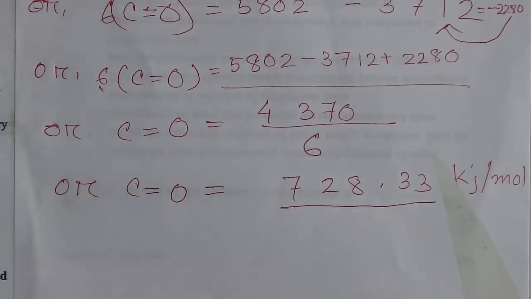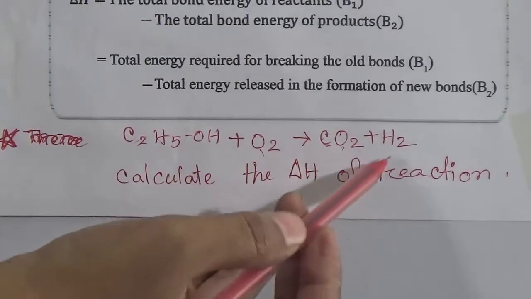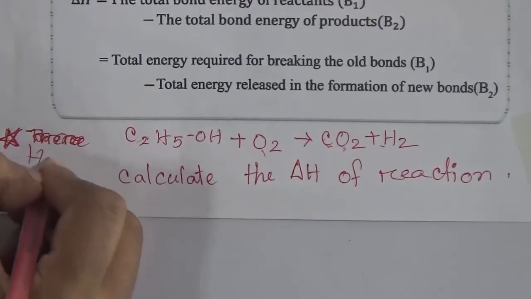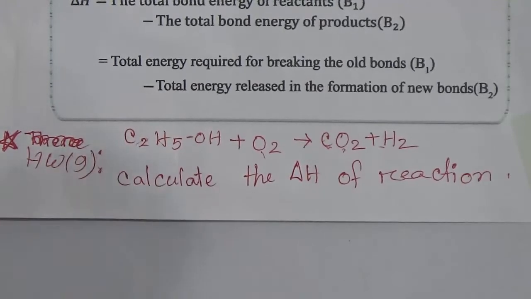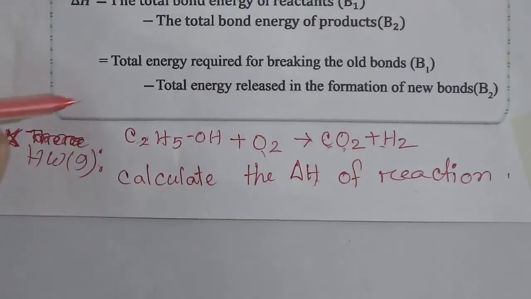Now come to your homework. This is your homework. Ethanol reacts with oxygen and produces carbon dioxide and water. This is your homework number 9. And you have to calculate the value of del H for the reaction. Dear students, this is a chemical reaction.